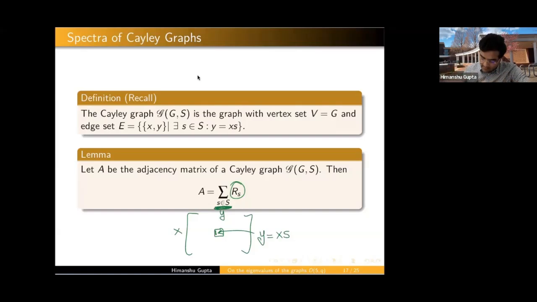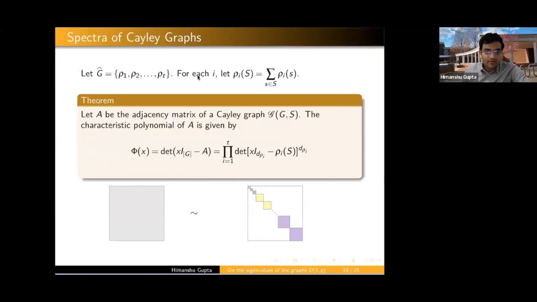That means we are interested in studying the spectrum of this big adjacency matrix, but instead this big adjacency matrix is similar to some block matrix, whose blocks are coming from these representations, which are these.